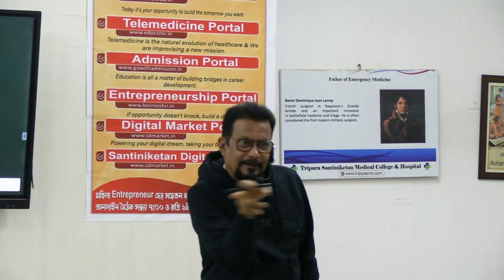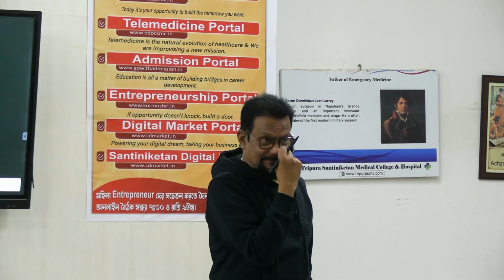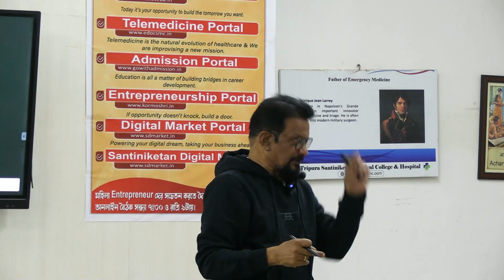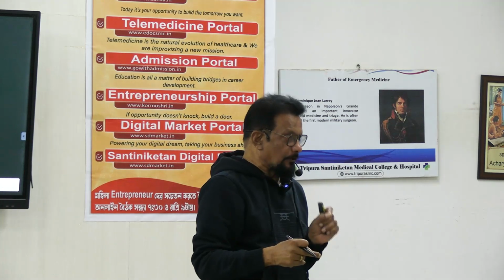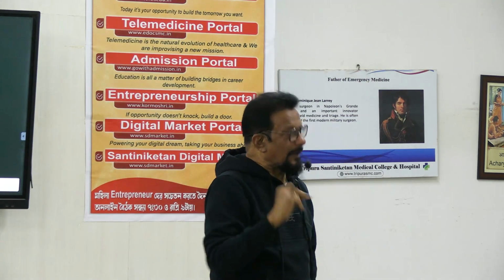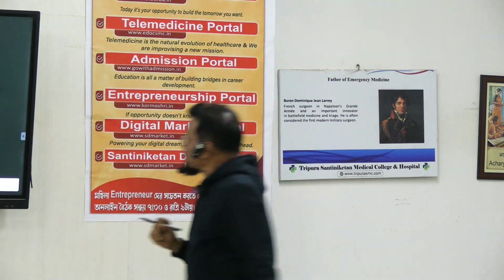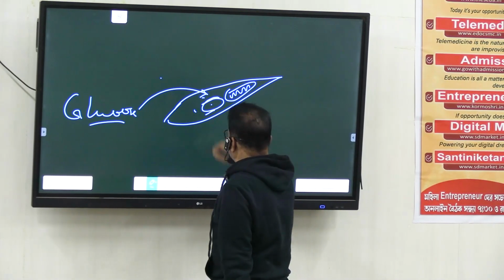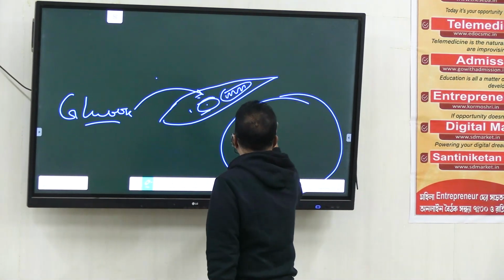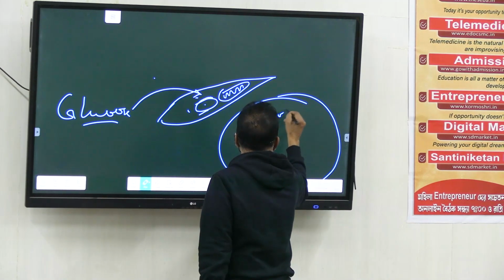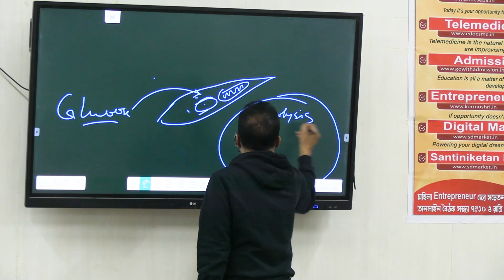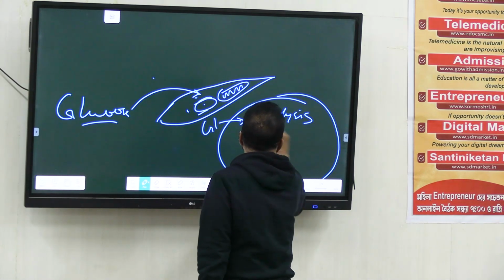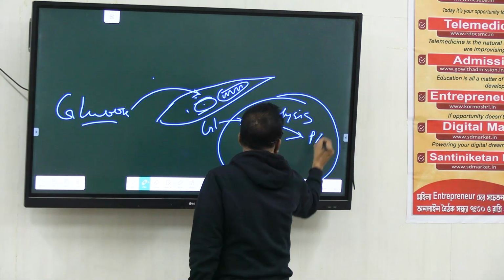So first it will undergo glycolysis. After glycolysis, if oxygen is sufficient, oxygen is there, condition is aerobic, then end product will be pyruvic acid. So in the cell, there will be glycolysis of glucose and it will produce pyruvic acid.